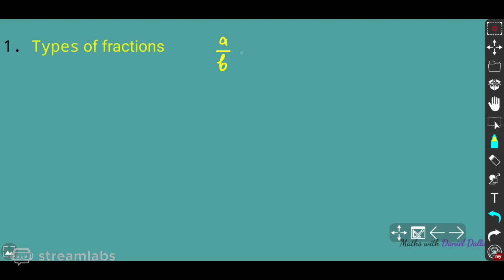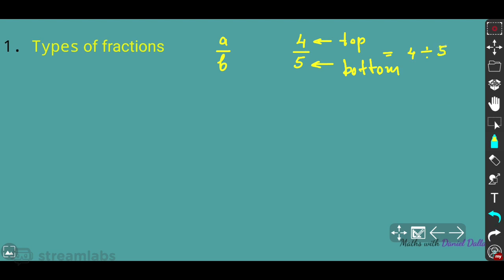So we're going to take 4 over 5 as the fraction, and we denote that the top part, which is 4, is divided by 5. So we have the top and the bottom part, so actually we have a division 4 by 5. Okay, so 4 by 5.